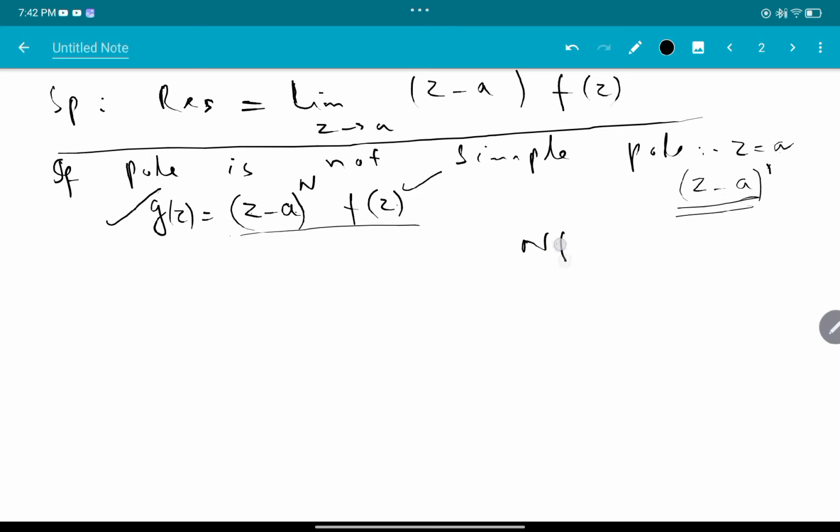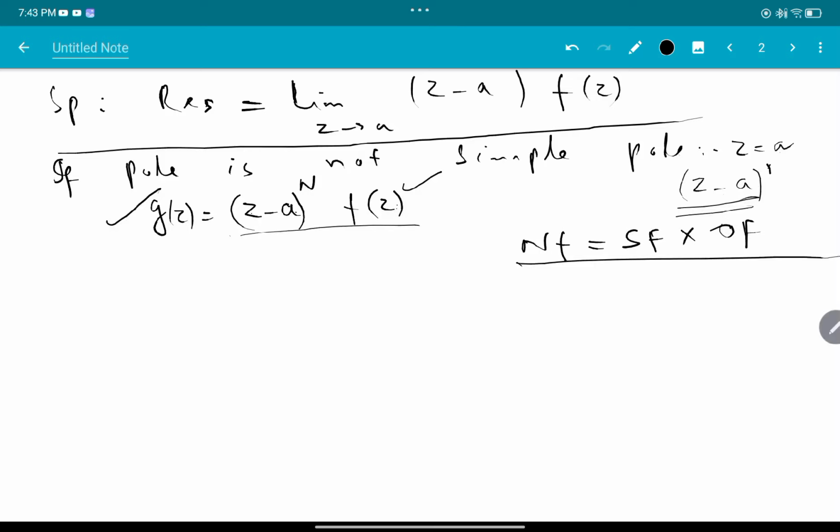So new function is equal to singularity factor into old function. You can keep this. Once you do it, everything is simple. How? See, differentiate this simple function. How many times? Exactly as this power n.